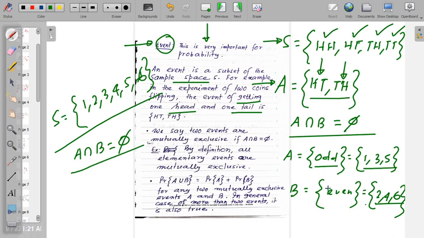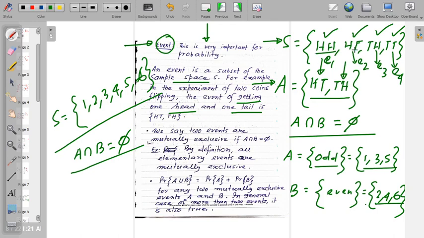And by definition, this is one elementary event. Maybe we can name it E1, maybe E2, maybe E3, maybe E4. And now these elementary events, by definition, are mutually exclusive. So E1 will not have any common element with E2, nor with E3 and E4 and so on.